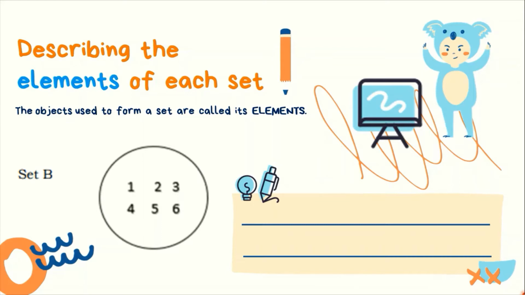Given this knowledge, we can describe set B as the set of counting numbers from 1 to 6. So this is also a finite set, kaya in set notation, it will be written like this. Set B is equal to 1, 2, 3, 4, 5, 6, no ellipsis before the closed brace because this is a finite set.